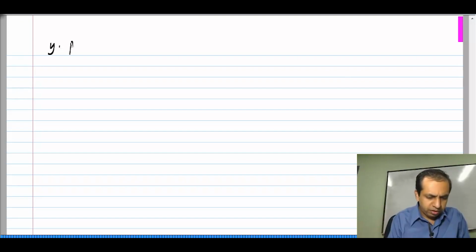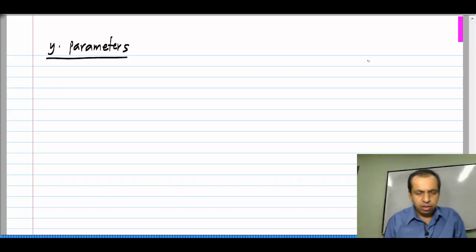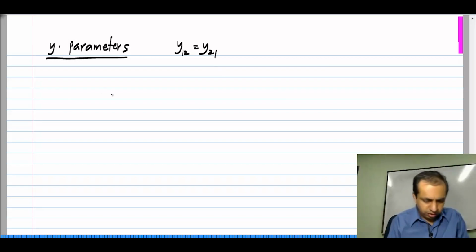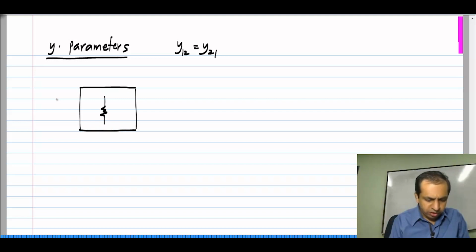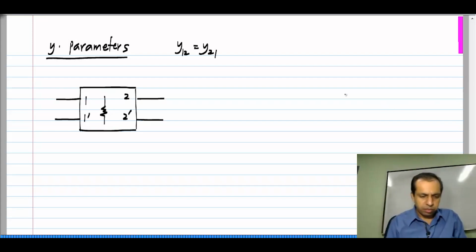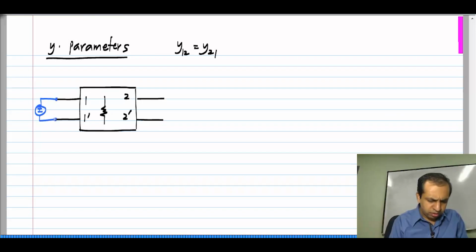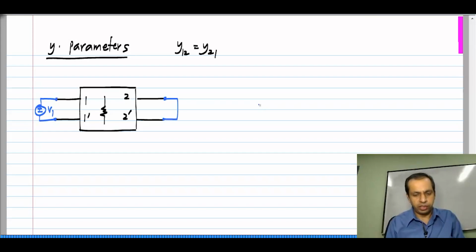So, let us first take y parameters. Reciprocity says that y12 equals y21. So, if I have a resistive network and two ports, what does it mean? Let us say I connect V1 to the first side and short circuit the second side.